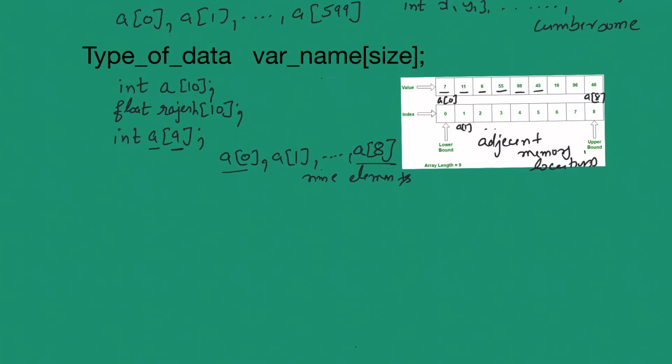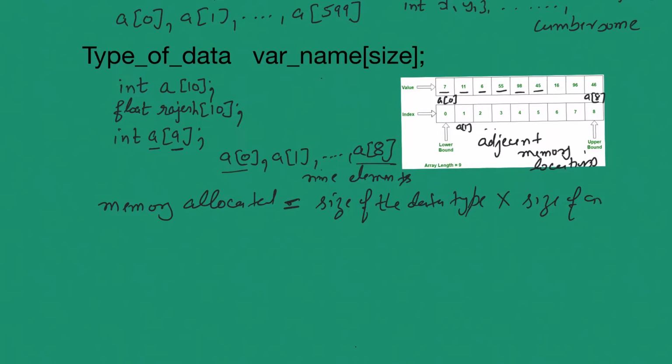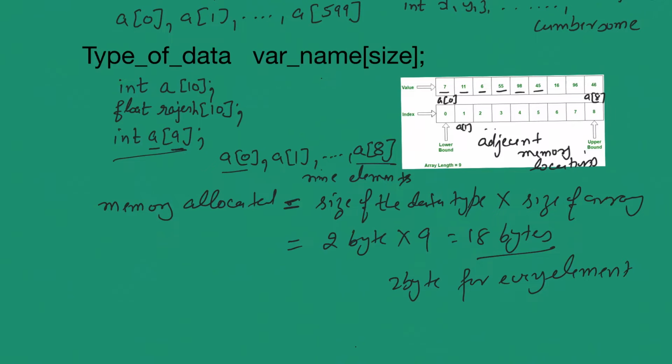The memory allocated is equal to the size of the data type multiplied by the size of the array. The size of the data type int is 2 bytes, multiplied by 9 is equal to 18 bytes of memory allocated by the compiler for this particular array, and for every element it is 2 bytes of memory, like for a0, a1, up to a8.